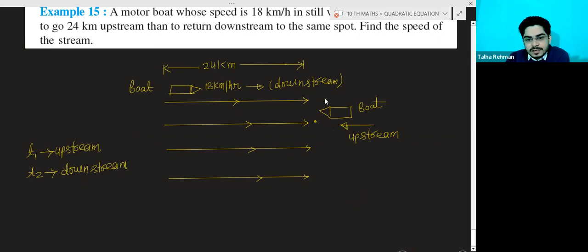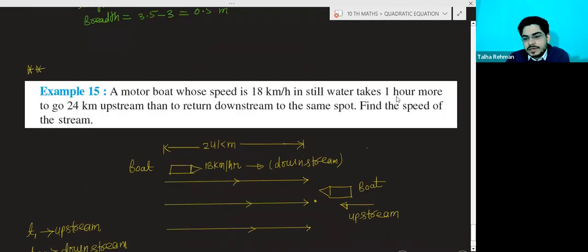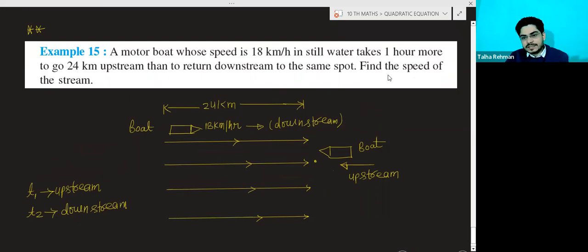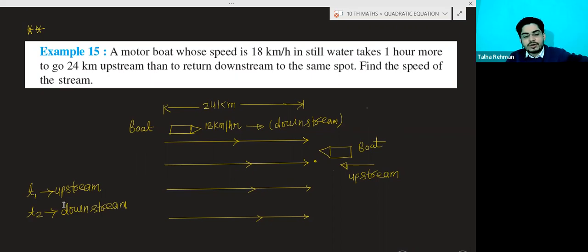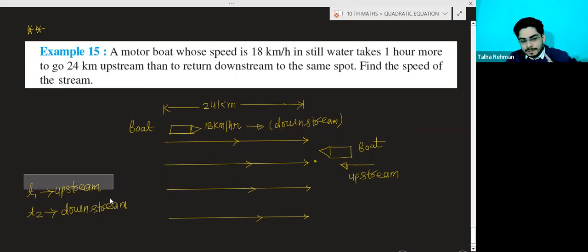So they are saying it takes 1 hour more to go 24 kilometers upstream than to return downstream. It means when the boat is going upstream, it is taking 1 more hour than the time taken in going downstream.